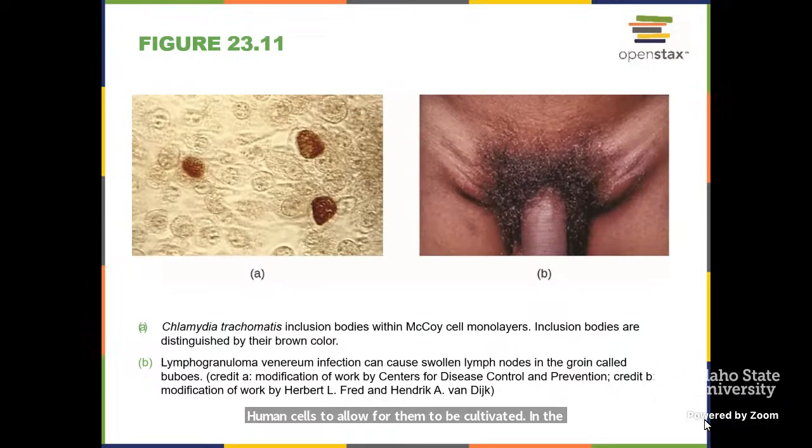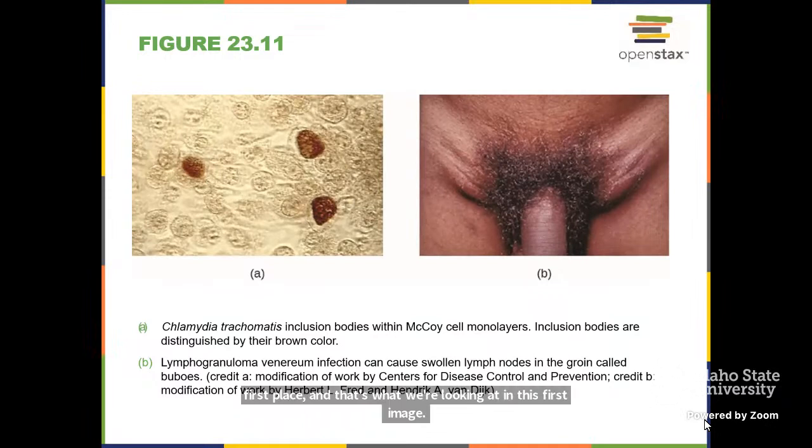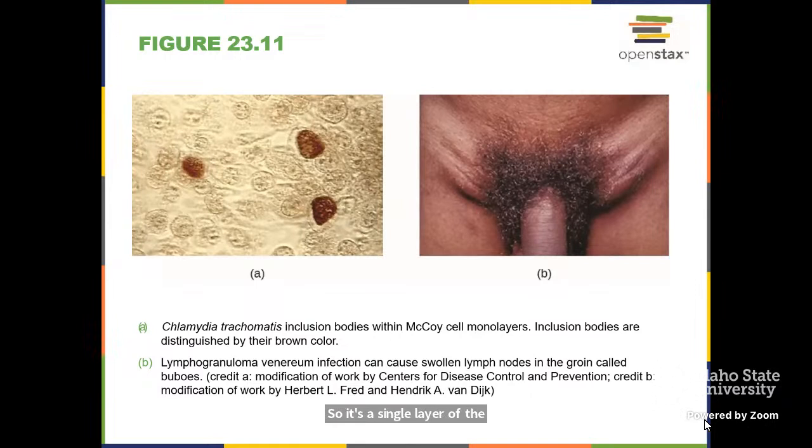And that's what we're looking at in this first image. So these McCoy cells, it's a monolayer, so a single layer of these cells that in turn serve as the culture media for the chlamydia. And here we can see a couple of few inclusion bodies where the chlamydial organisms have got in and infected those McCoy cells and showing a positive reaction.